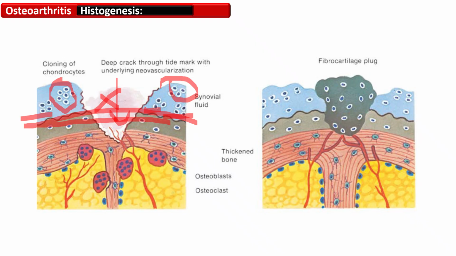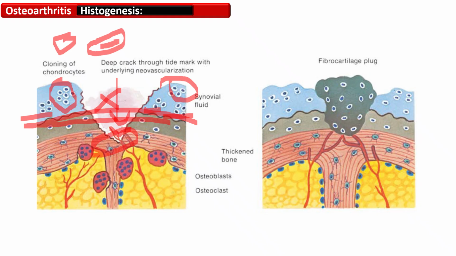It has gone beyond the tide mark, through the whole thickness of the cartilage, and this cartilage has been removed, and loose bodies may form within the joint, or the bone is also reabsorbed.